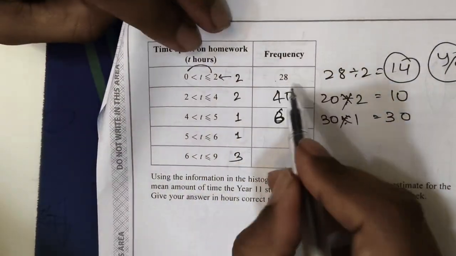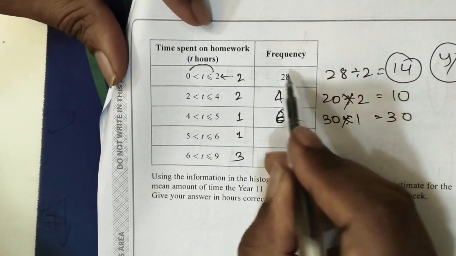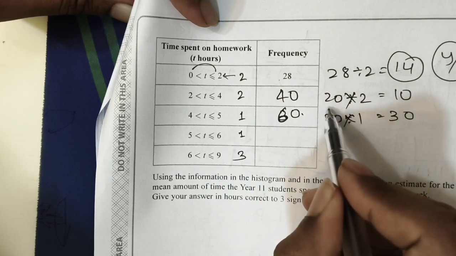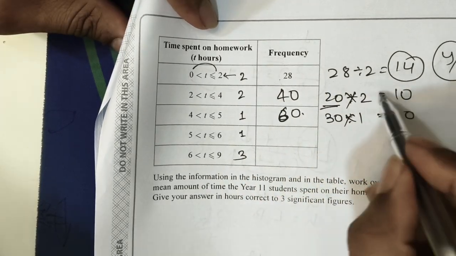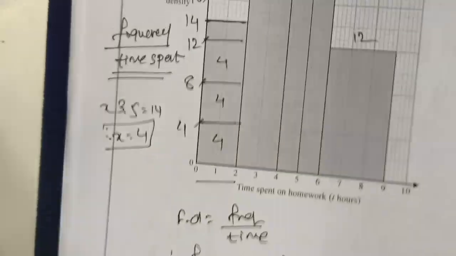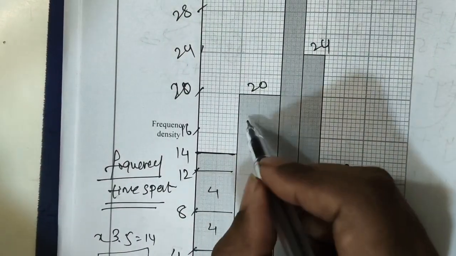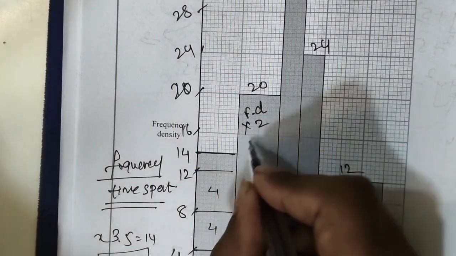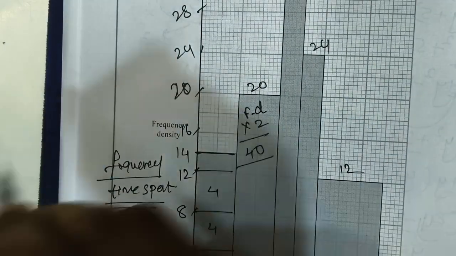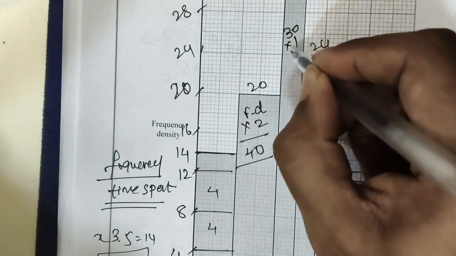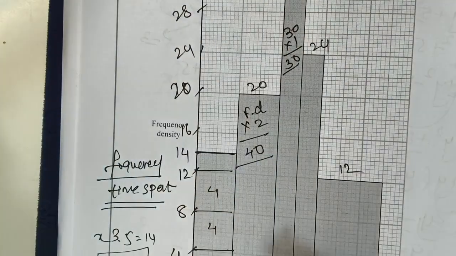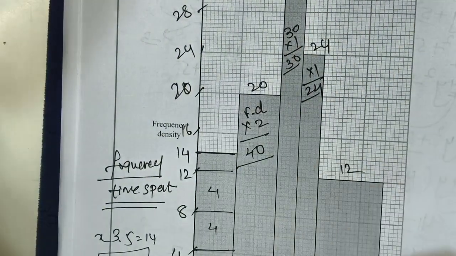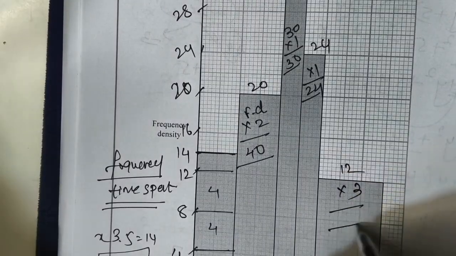So if 28 is the frequency here, my density is going to be 28 upon 2. Now for this 2 to 4, my density is 20, so I will multiply by 2 to make it 40. Because you can see here 20 was the frequency density, FD. FD into interval of 2 is 40. Similarly 30 into interval of 1 is going to be 30. 24 into interval of 1 is going to be 24. 12 into interval of 3 is going to be 36.